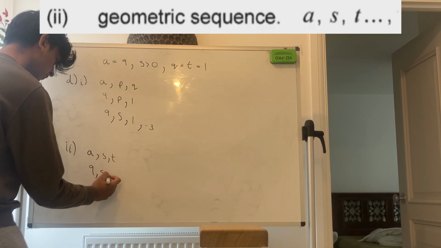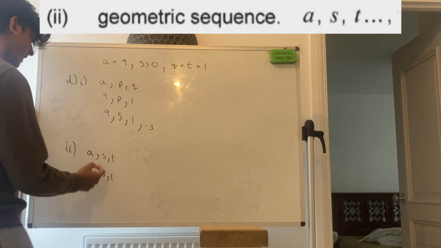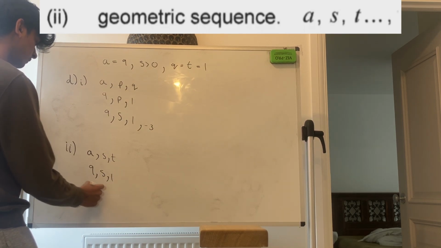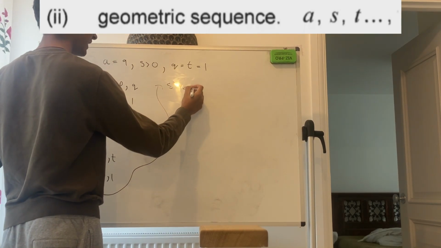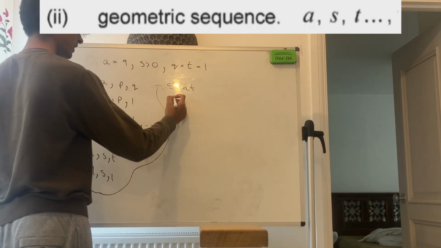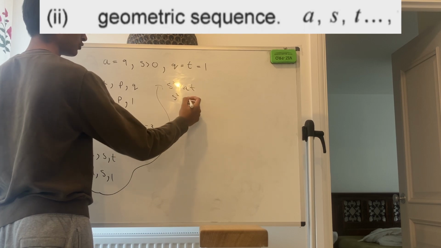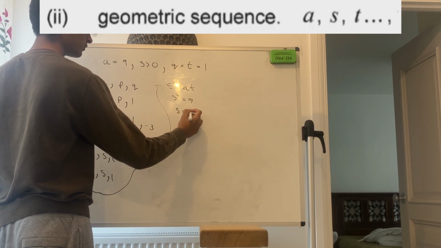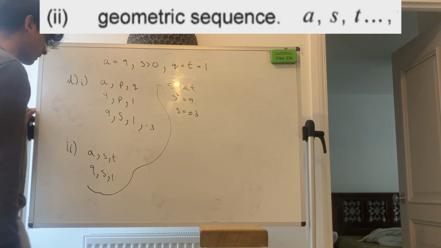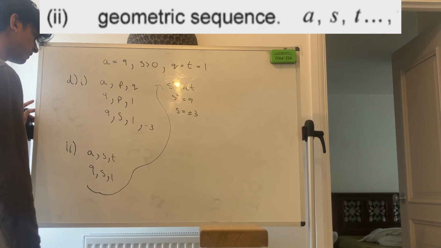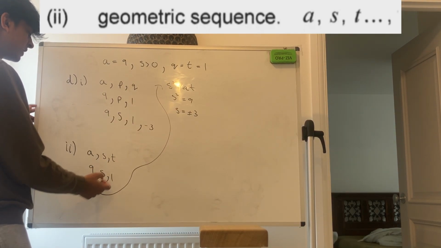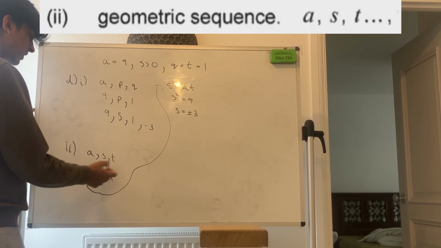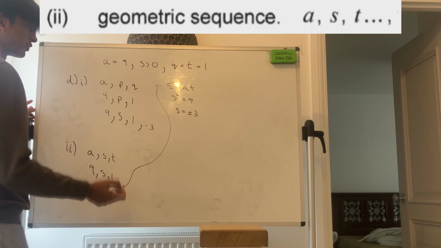Now for part 2, we have 9, s, 1, and we know that s squared equals a t, so s squared equals 9 times 1, 9, so s equals plus or minus 3. But we can reject s equals minus 3 because we're going from 9, a positive number, to another positive number, so the ratio must also be positive.